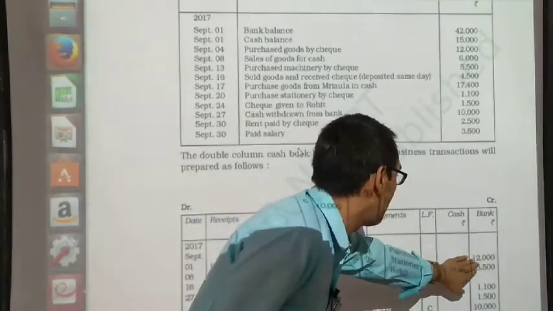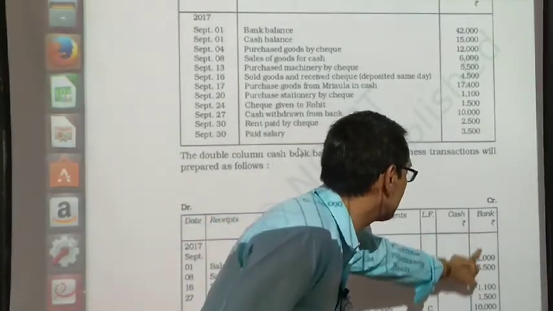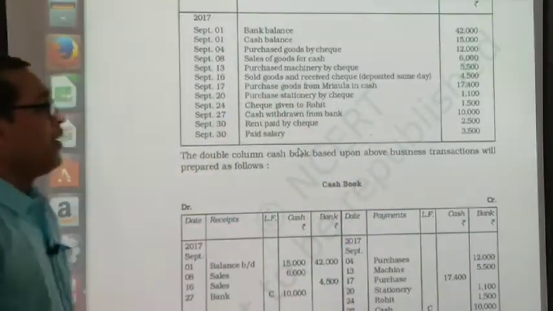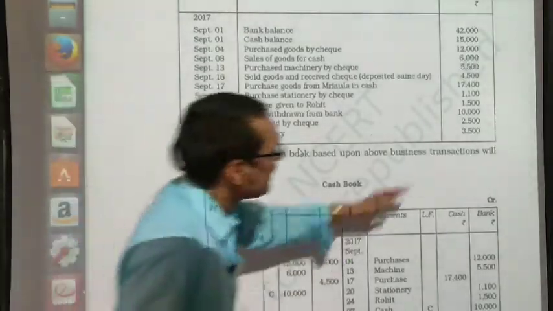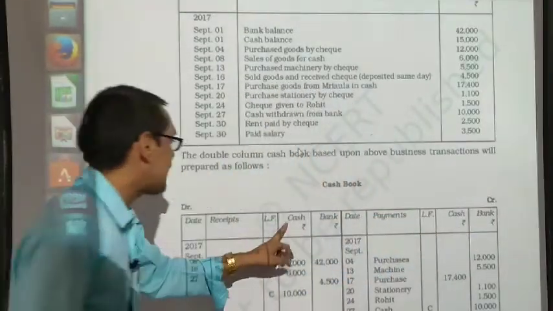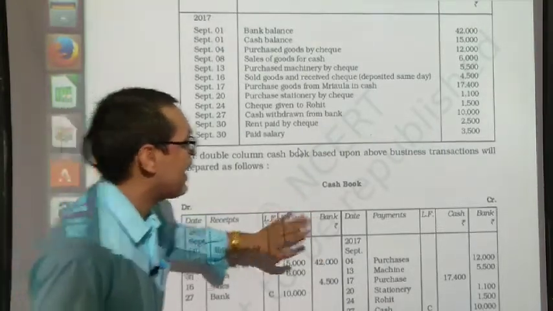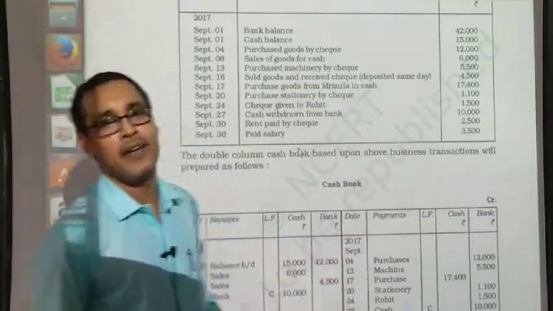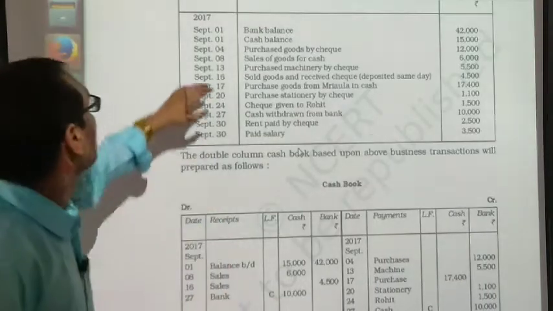In the bank column, by purchase account, we are reducing the bank 12,000, because bank is the giver, bank is a personal account, bank is reducing. If cash and bank are increasing, then they should be debited, and if cash and bank are reducing, they should be credited. Okay, hope you are understanding.